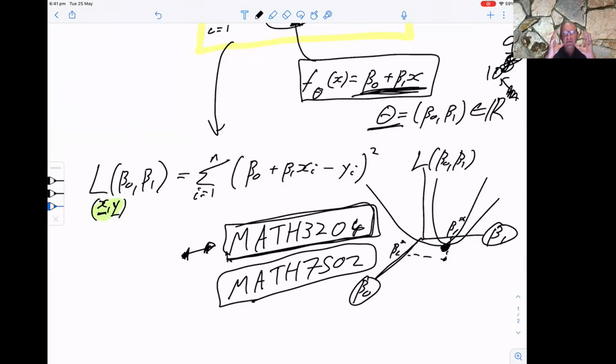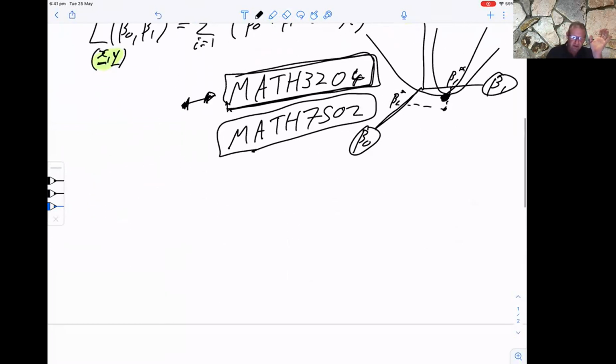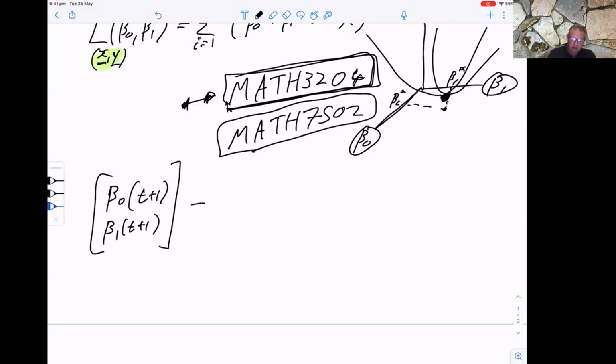In that course, you learn about a whole bunch of very advanced optimization techniques that don't do just the basic thing I'm going to show you now. Let me show you the following. Beta 1 at t plus 1. I think you've seen this previously, but that's okay, you just see it again.